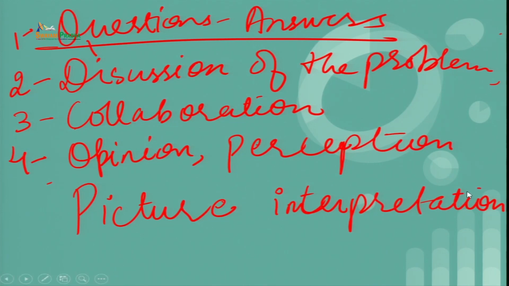Hence, we can say that the participatory approach encourages the learners to put themselves into the shoes of others and then visualize what can be done, what can be said, and what can be achieved.